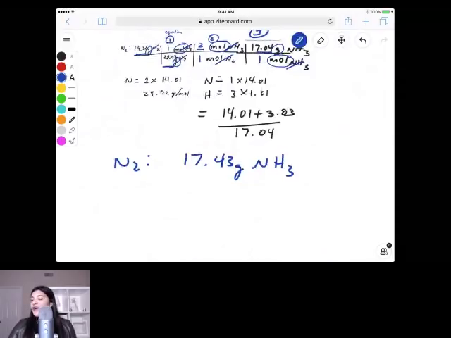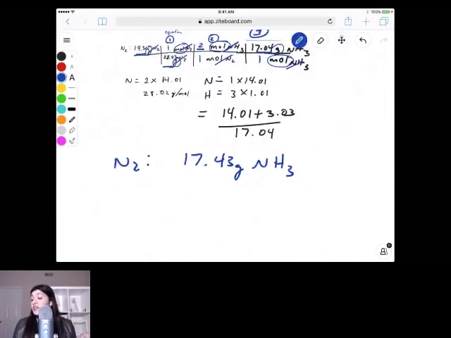So we have to now figure out what our H2 would have been, because that's our second reactant. So we're going to go from grams of H2 to grams of NH3, somehow, some way. And I'm going to set this up again. So it's basically going to be the exact same setup, just with the different reactant.